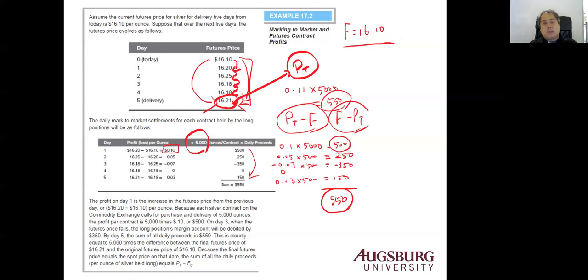And your account changes based on these daily changes. The major difference between a forward contract and a futures contract is that there's a margin call. Even though eventually you make money, you probably need to add more cash sometimes when you get margin calls during your holding period. That's the major difference, okay?